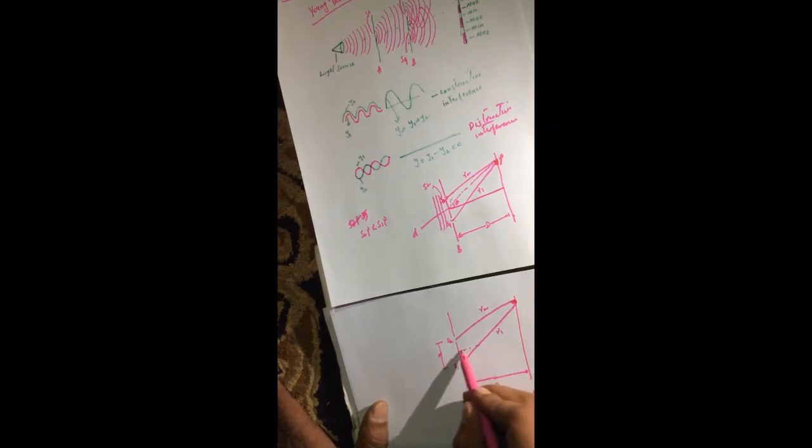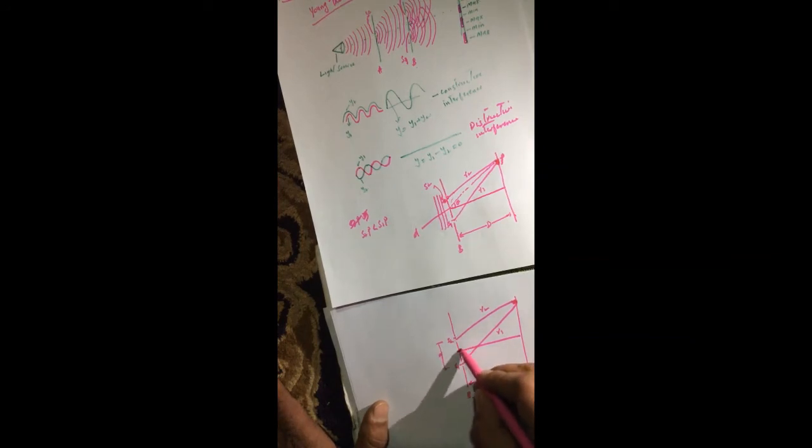I consider a line from the center. From this point to this point we have D, so the distance from this line to this point is D by 2, and similarly the distance from this line to the other point is D by 2. So it's from the center.